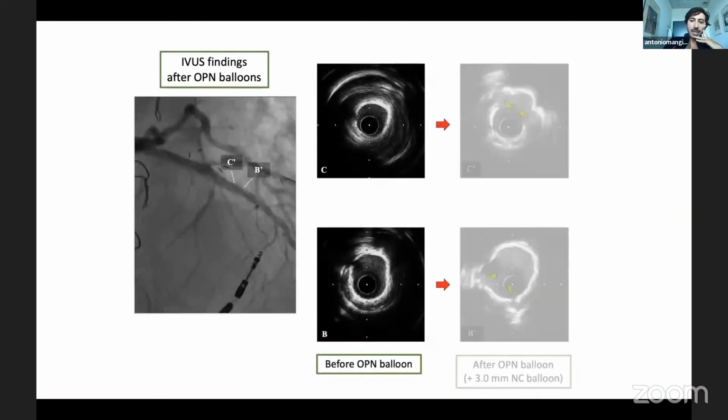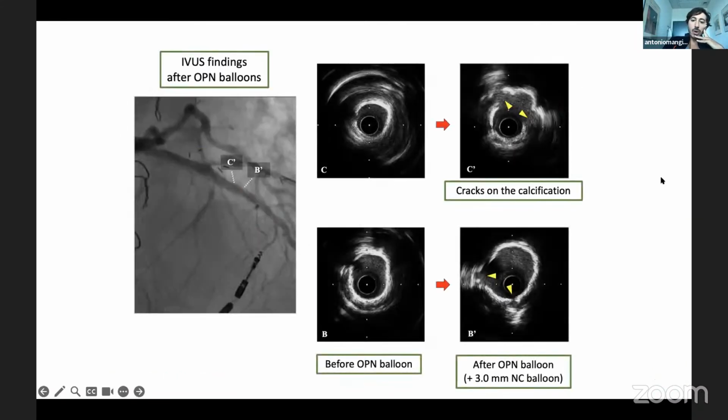Let's see what happened. Essentially, we obtained, compared to before, a more evident and pronounced calcium fracture at the level of the concentric calcification. While before the OPN we observed just one crack, here in panel B we have 2 fractures.